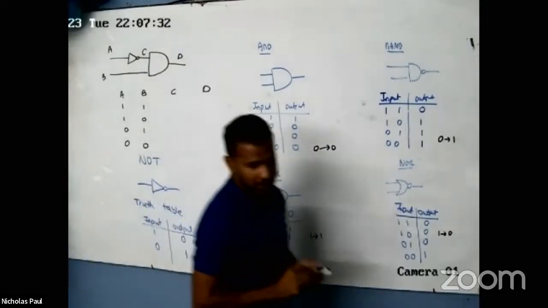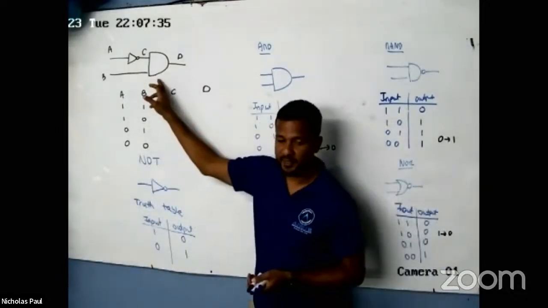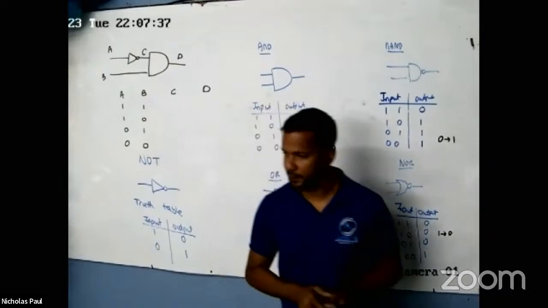All right, copy down this first example here, draw the circuit, write the truth table, I want to explain it.